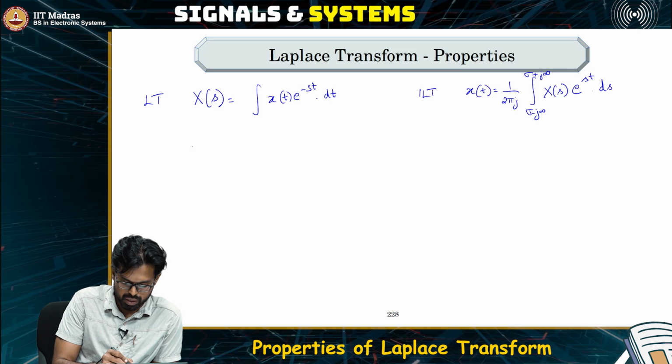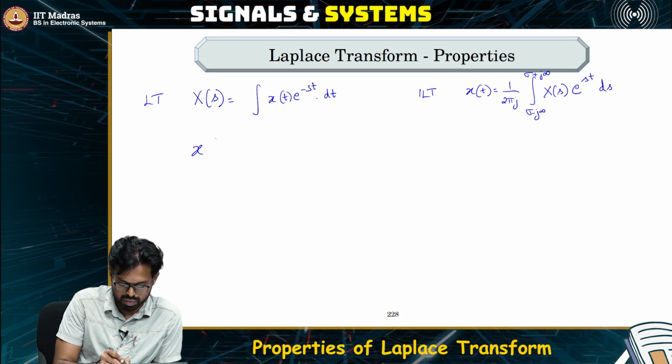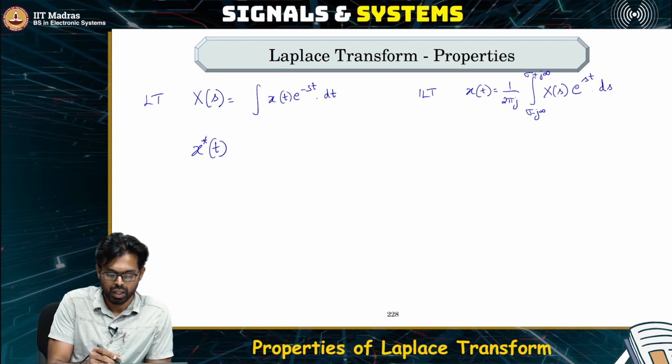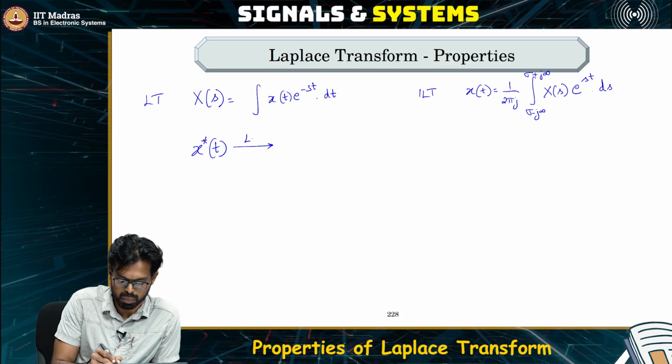Now, the first property that we are trying to see is, what if we take the conjugate x star and then apply the Laplace transform?